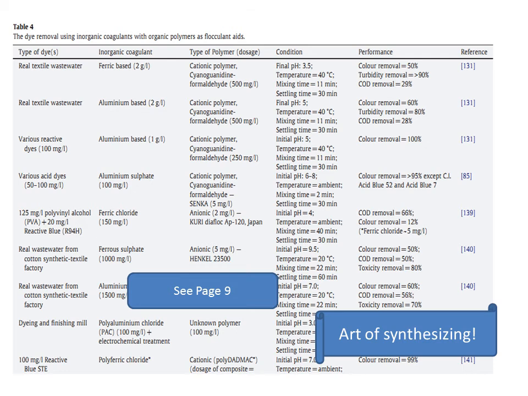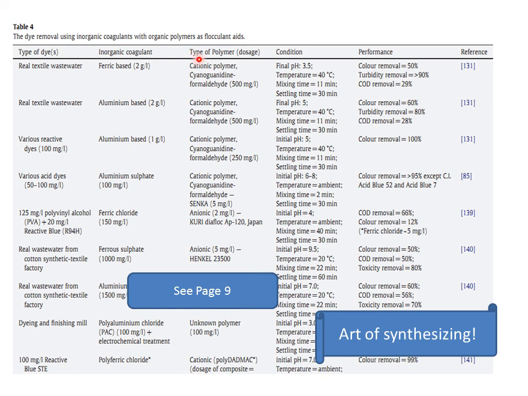Okay, and you can see another important parameters, which is inorganic coagulant. You can see a ferric base, for example. Okay, the aluminium base. Okay, aluminium sulfate. Okay, and then you have the polyferric chloride. So various, okay, various materials.